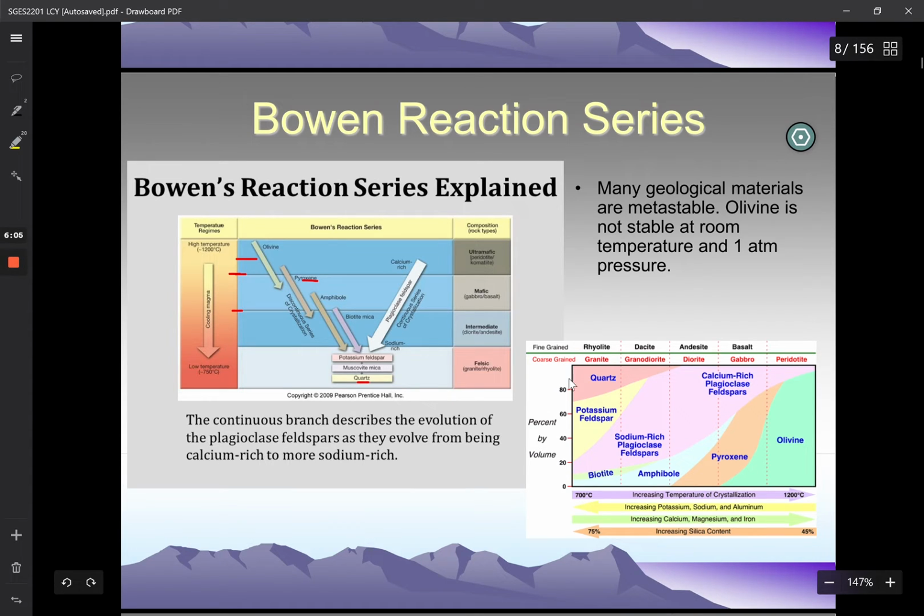In this diagram, you can find the percent of minerals by volume at different temperatures.